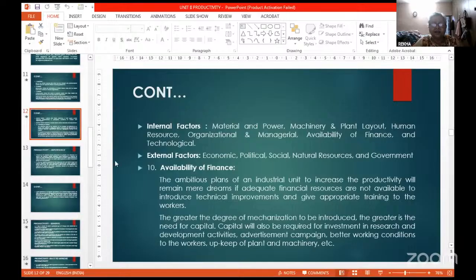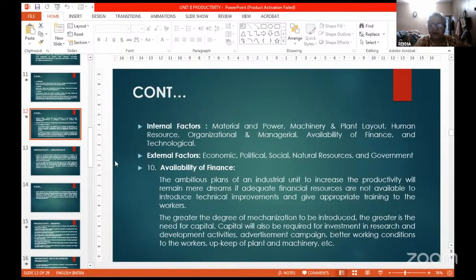What are internal factors? Material and power, machinery and plant layout. In the next class I'll be teaching you the three different types of plant layout, so that you can design your organization according to what you are producing.